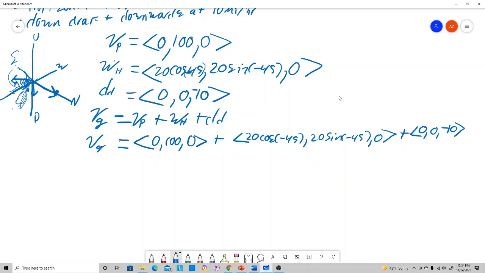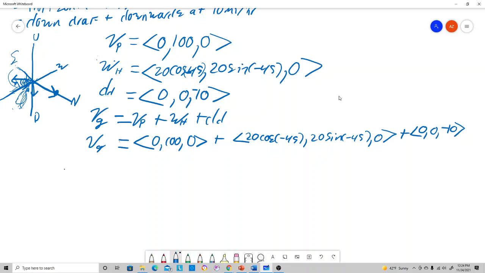But because we're adding all of these vectors, the resulting answer is going to be a vector. It's not going to become a scalar. Scalar is something that just has magnitude. It has no direction. But this still has a direction, because this is the velocity.